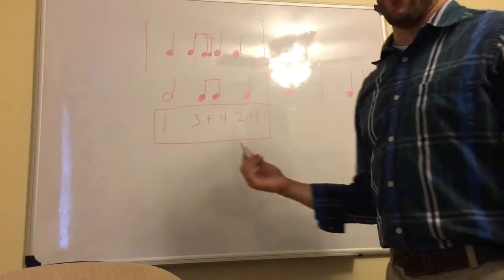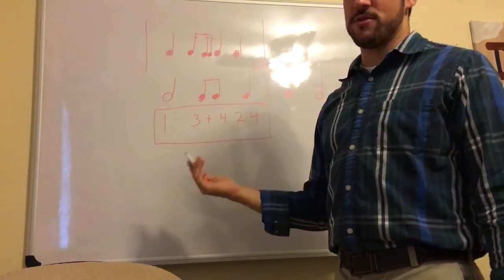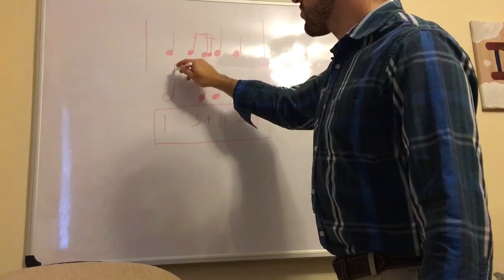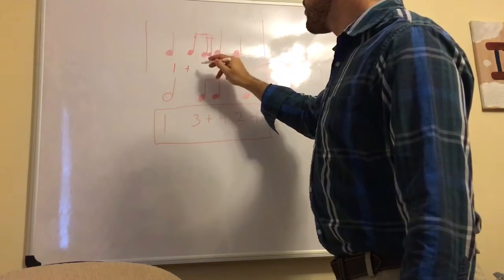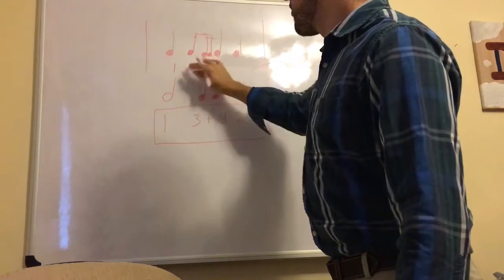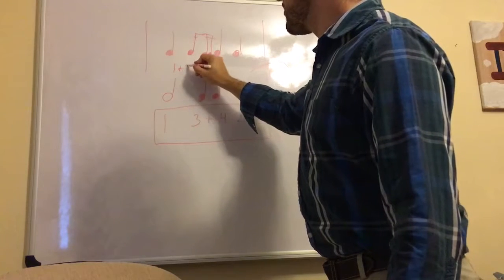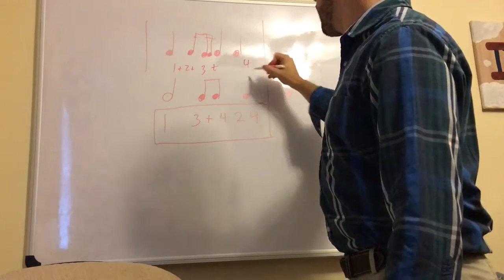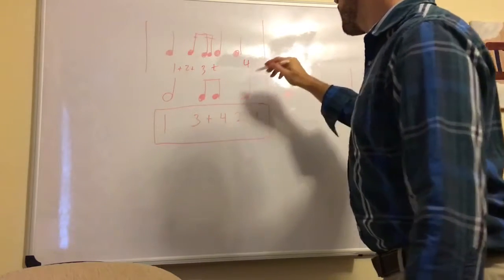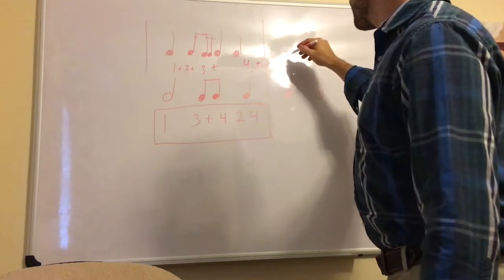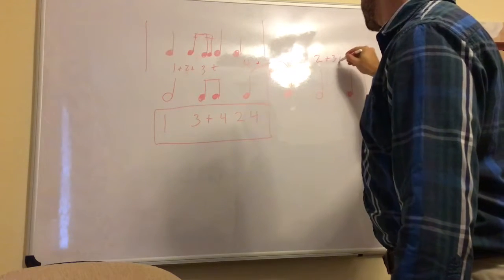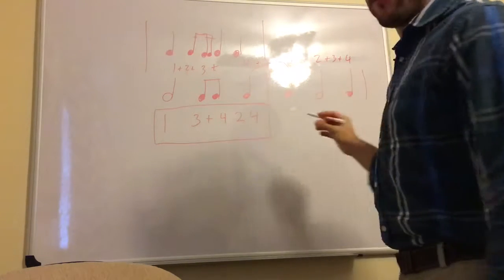Now for handbell practice, when you're supposed to write in your timing, what you'll be writing in is 1 and 2 and 3 and 4 and 1 and 2 and 3 and 4.